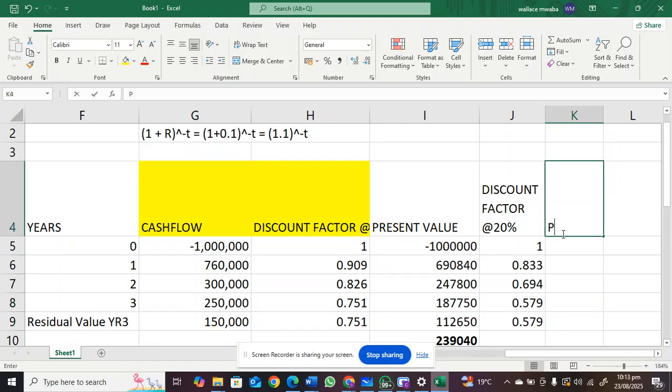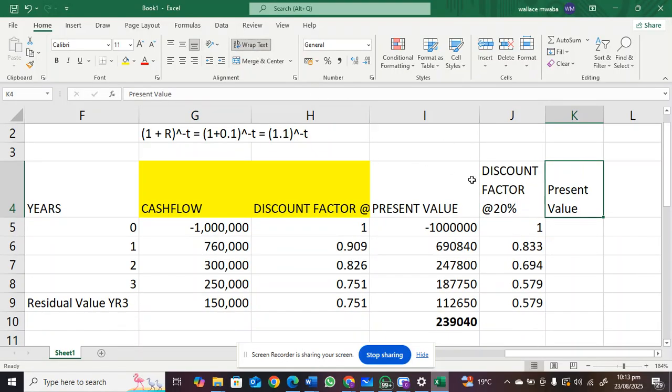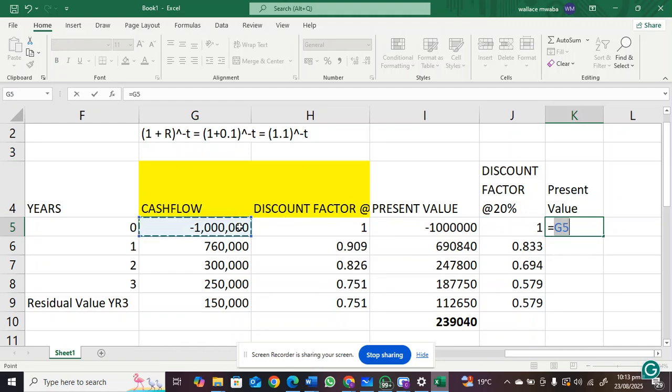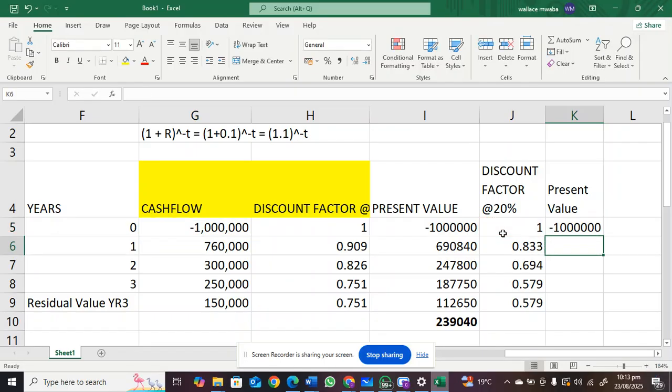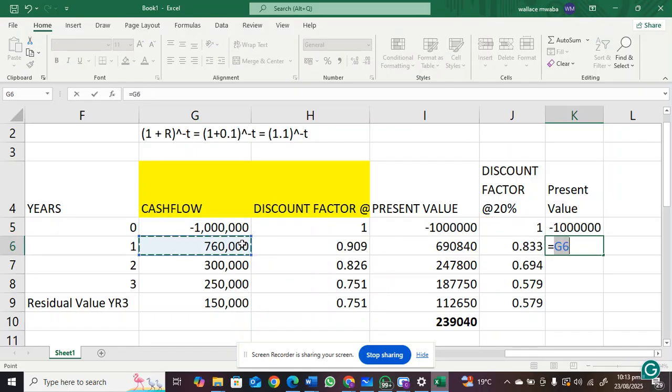So we get our present values. Still, we're multiplying our cash flows by our discount factors.